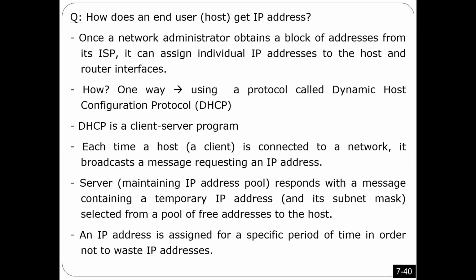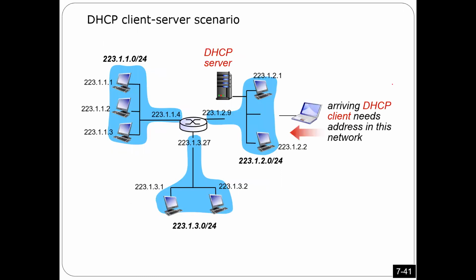When a computer joins the network, it has to ask for an IP address: please give me an IP address. It uses a protocol called Dynamic Host Configuration Protocol, or DHCP. It's a client and server program. I have a very nice picture here.